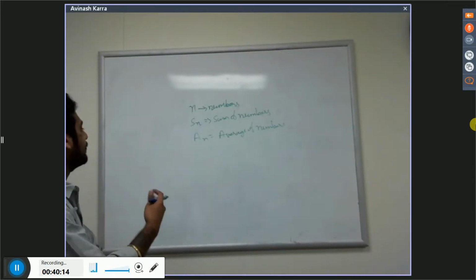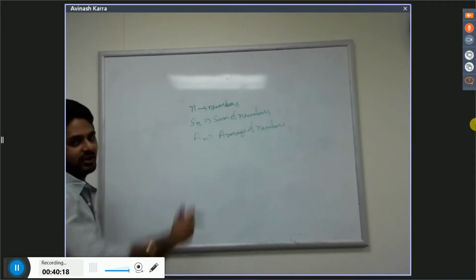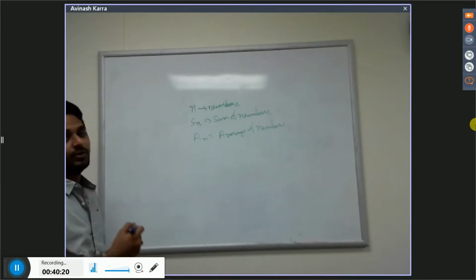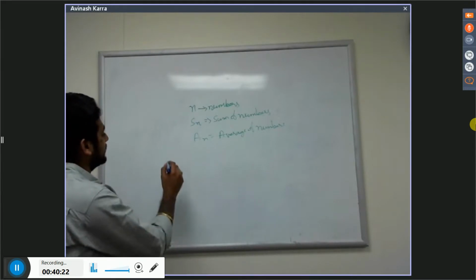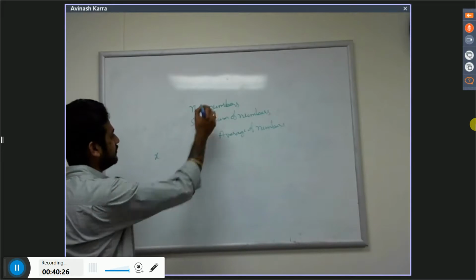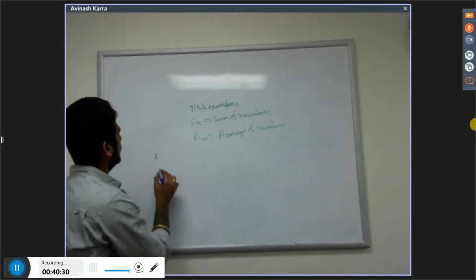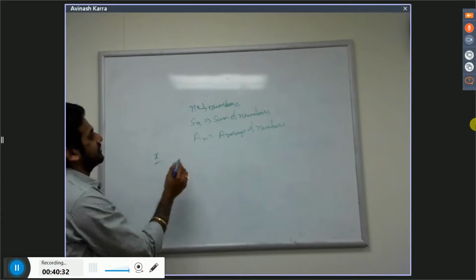What he says is, if he wants to add one more value to this number set, the new average will include the added number x. So here it is n plus 1, since I'm adding the number x.